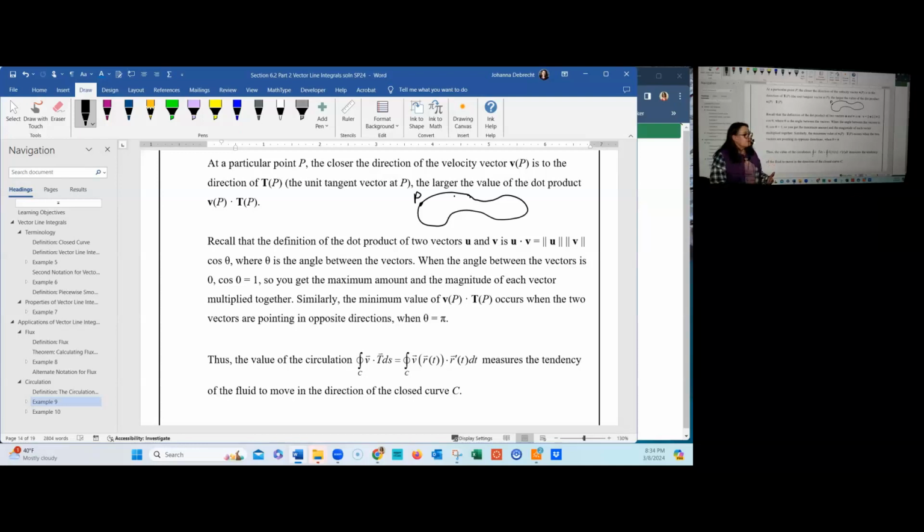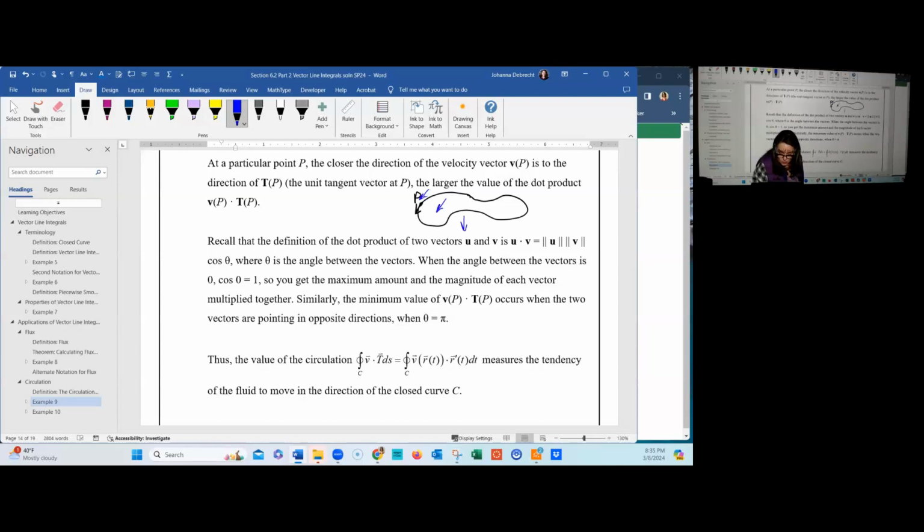We know from the definition of the dot product that u dot v is equal to the magnitude of u times the magnitude of v times the cosine of theta, that the cosine of theta reaches its maximum value of 1 when theta is 0. So the closer that the vector field aligns with the direction of the tangent vector, which is pointing in this direction, then the larger the value of the dot product.